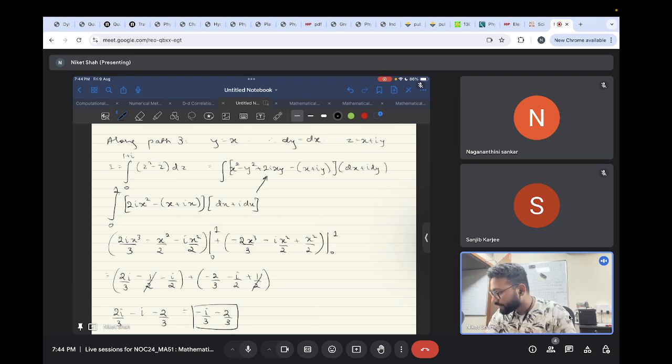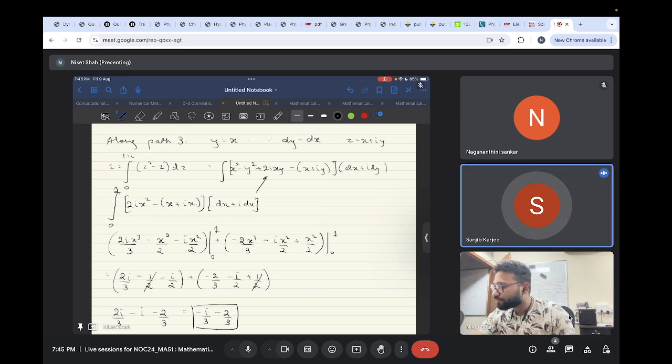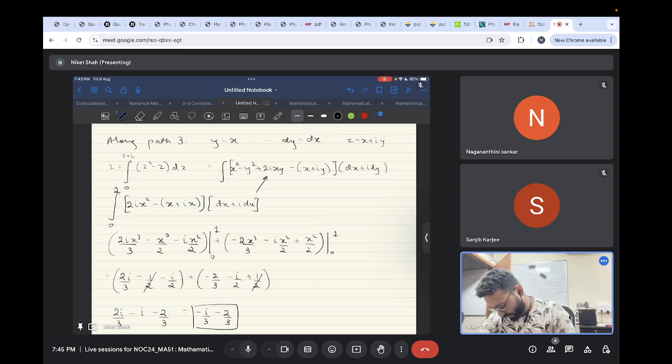Minus 2 by 3, and I started checking what I've solved previously. Sorry, how come 0 to 1? Is that your question? Okay, just a moment, I'll tell you. I think I made some mistake in solving the previous part.